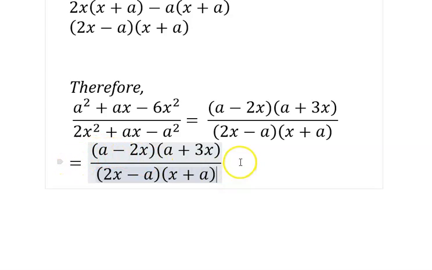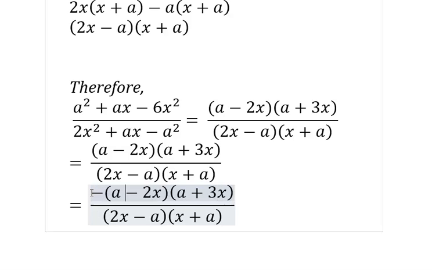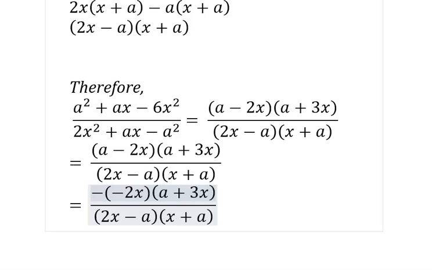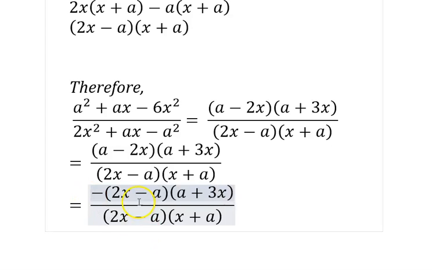So with this, you can easily cut out, because we are actually simplifying. Okay, if we put a negative sign here, now swap this to the 2x minus a, you are still saying the same thing. Beautiful.